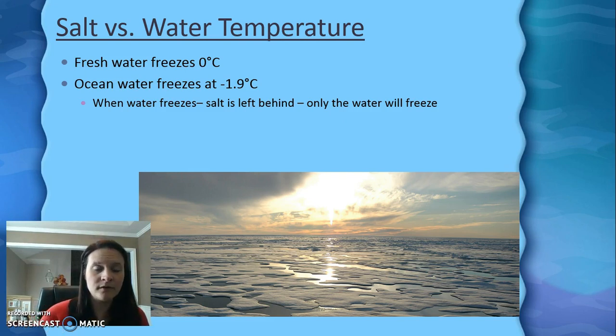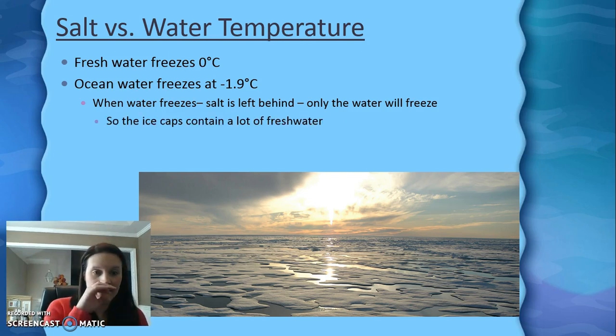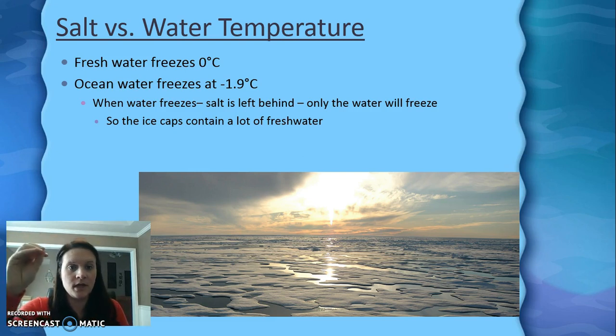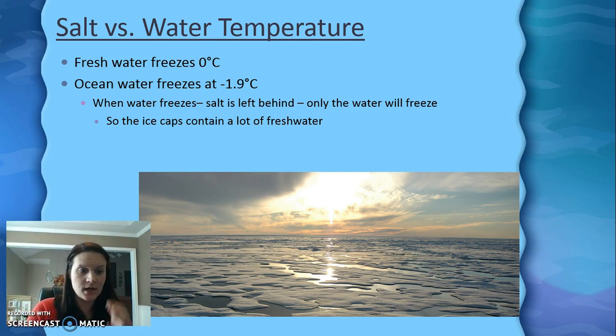Keep in mind when water freezes, the salt is also left behind. So think of the ice caps that have formed up in the pole regions. When they are melting, which we've been hearing a lot about in the news, the meltwater that's going back into the oceans is a freshwater source. So that can be diluting the ocean of that saltiness that it's used to, and that can be a bad thing.